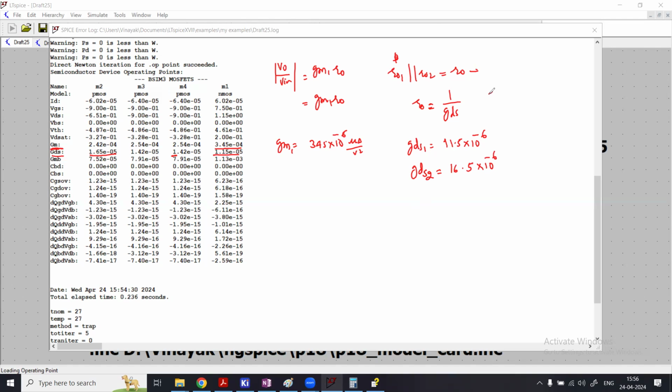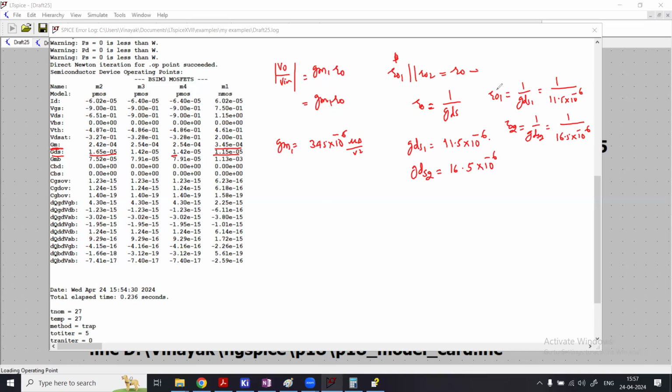Now RO1 would be 1 over GDS1, which is 1 divided by 11.5 into 10 to the power minus 6, and RO2 will be 1 over GDS2, equal to 1 over 16.5 into 10 to the power minus 6.